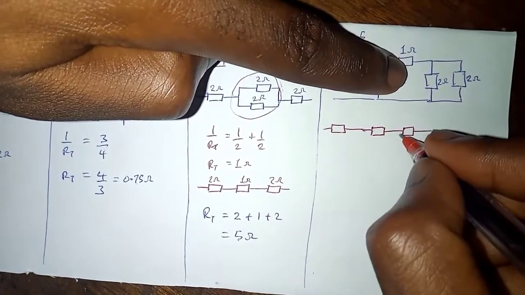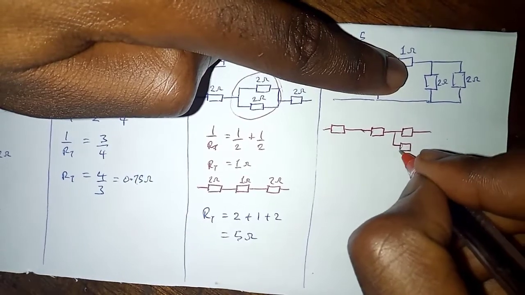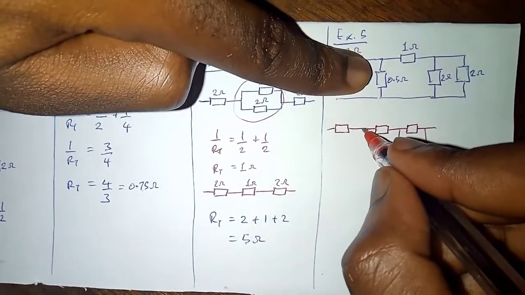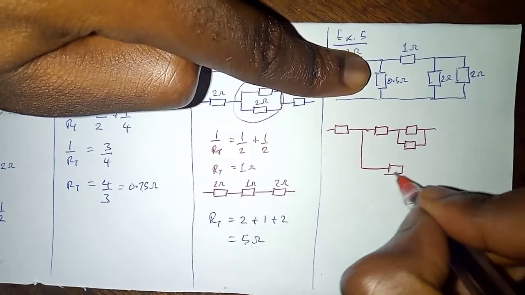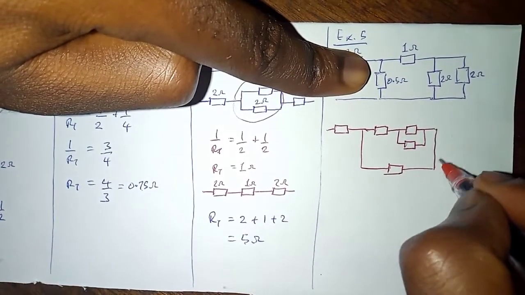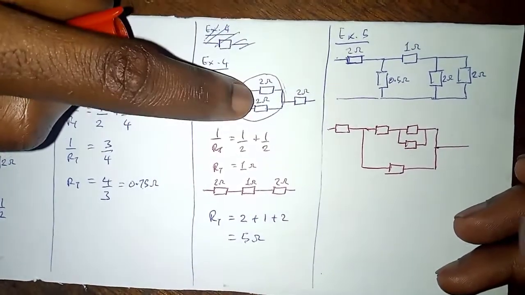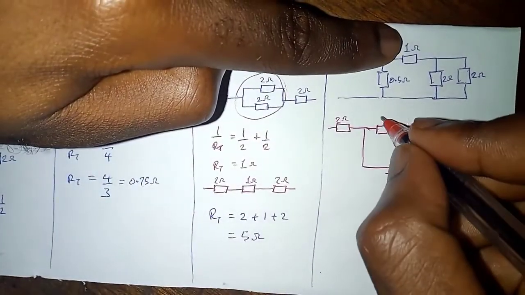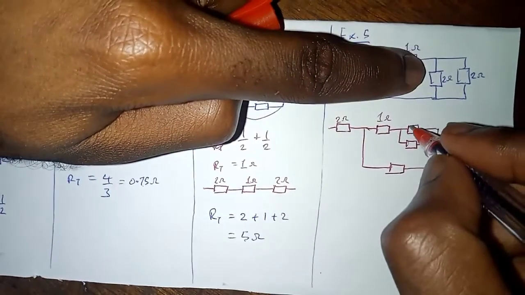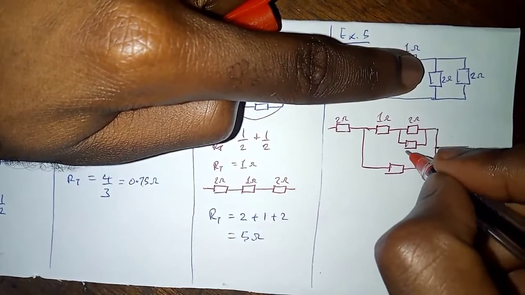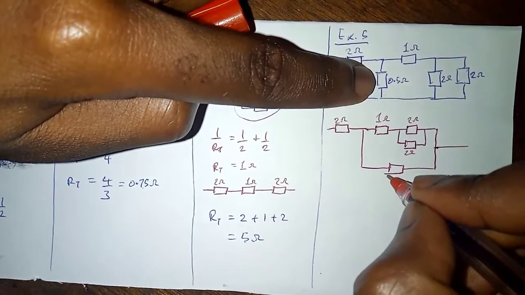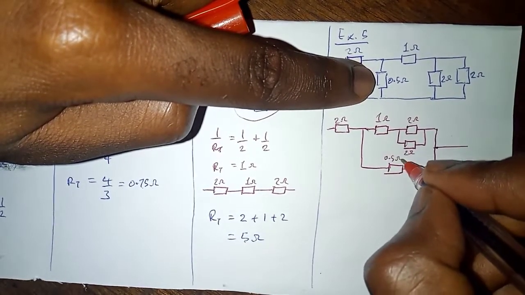This resistor is connected in parallel to this. This is connected in parallel to the whole of this. And this is what I have: 2 ohms, 1 ohm, 2 ohms, 2 ohms, 0.5 ohms.